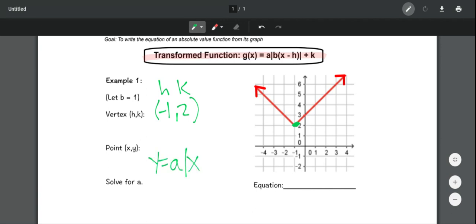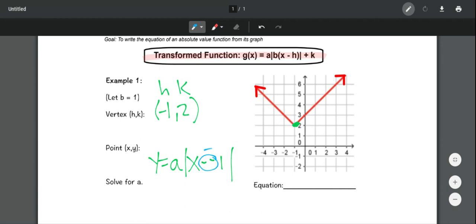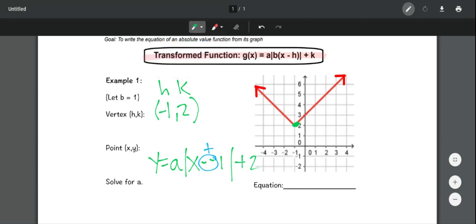Keep in mind, if it's x minus -1, that's going to become +1 here. And then my k is +2. Let's double check: if I want to shift left 1, it should be x +1, and I'm going up 2.